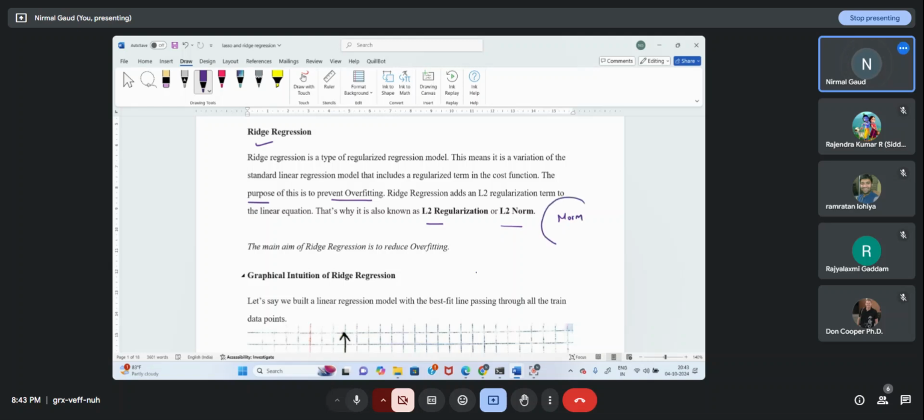Norm is normalization also. It's either said regularization or normalization. And the main aim is this only, to reduce overfitting. Both L1 and L2 are designed for this purpose.